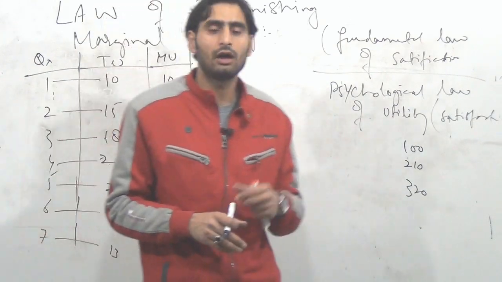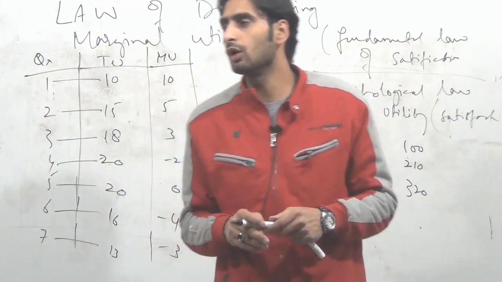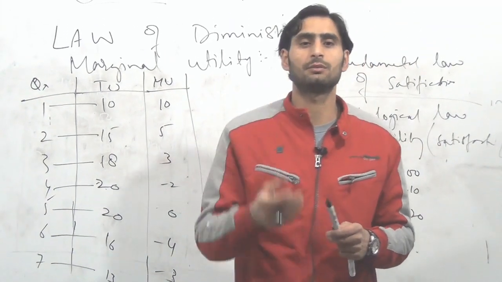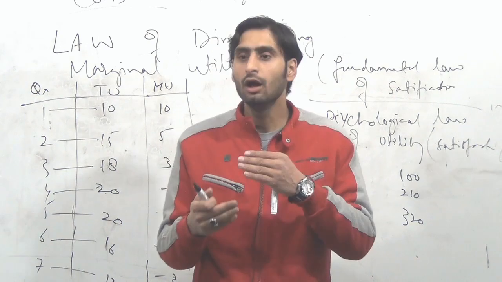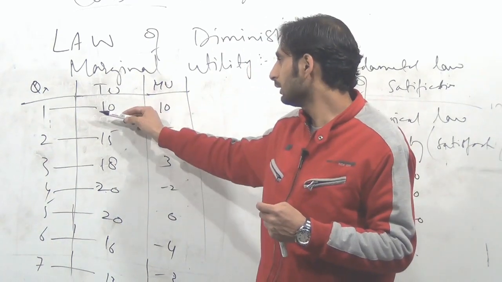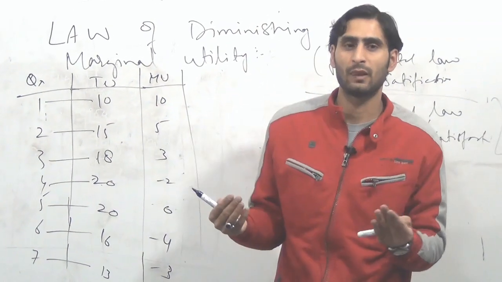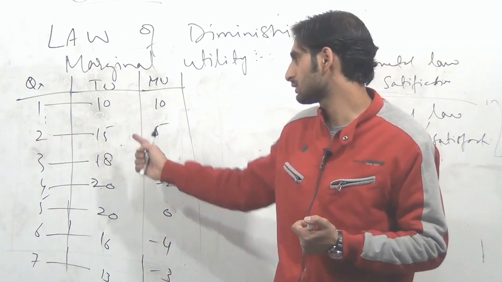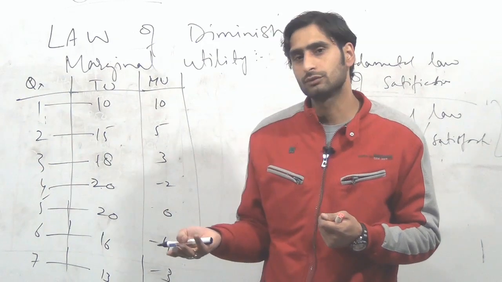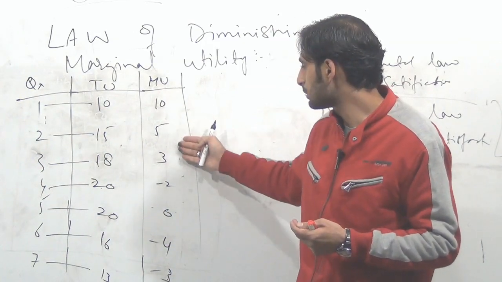Let me repeat the example. Say I'm taking chocolate bars. When I consume the first one, I'll be very happy. Yippee. The second one won't make me as happy as the first one. The third one, successive units, will decrease my utility.